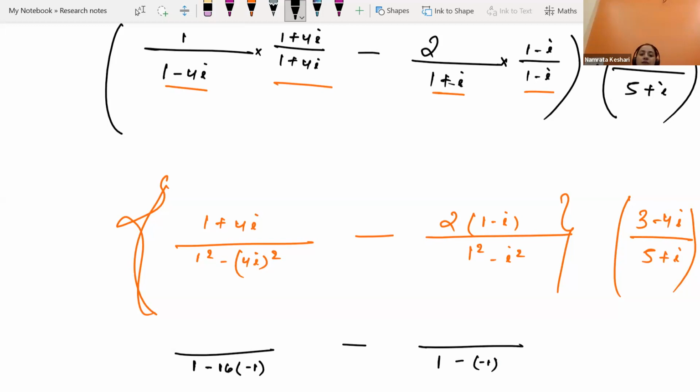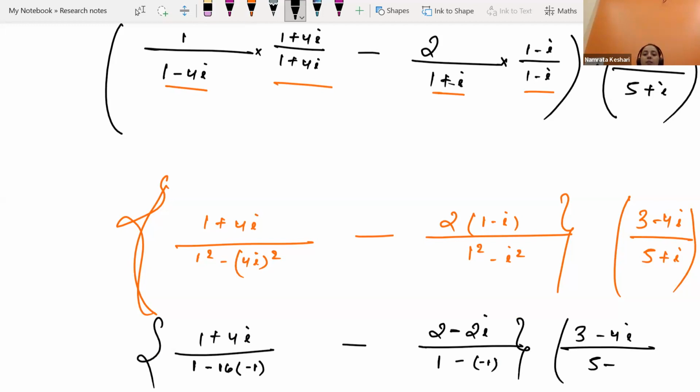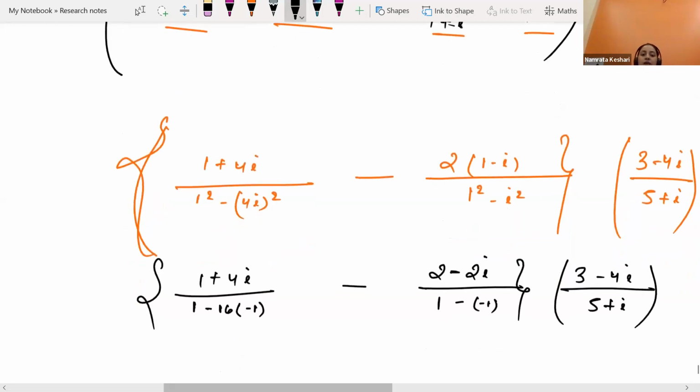Here we are having 1 plus 4i, and here we are having 2 in bracket 1 minus i, or you can open the bracket, it is nothing but 2 minus 2i. One more part is there, we will be thinking about that, but let's work on this part first. Here we'll be having 1 plus 16, that is 17. 1 plus 4i will be there in the numerator, minus 1 plus 1, that is 2.